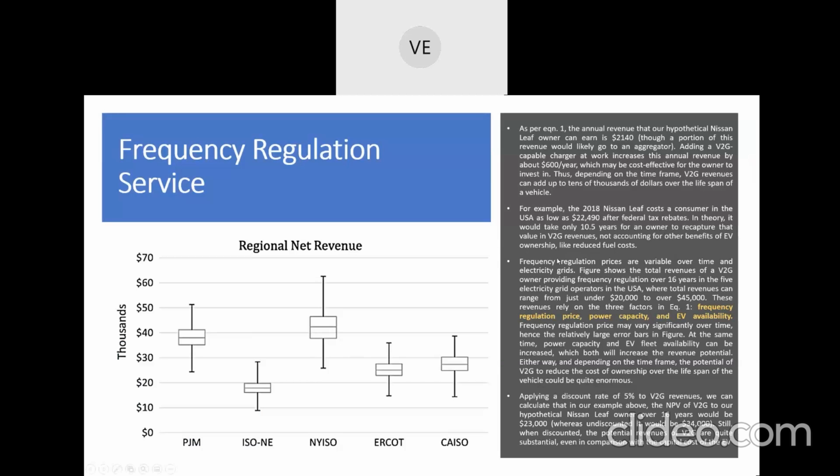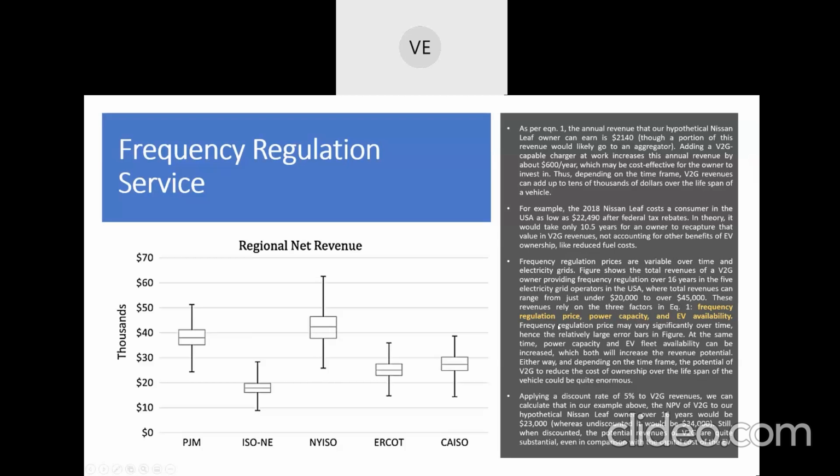Now, frequency regulation prices are variable over time. This we have already discussed. So the figure shows the total revenues of a V2G owner providing frequency regulation over 16 years in the 5 electricity grid operators in the USA, where the total revenues can range from just under $20,000 to over $45,000. These revenues depend on 3 factors.